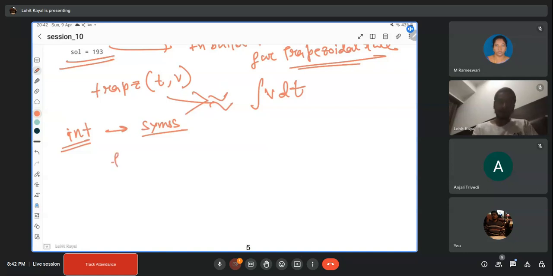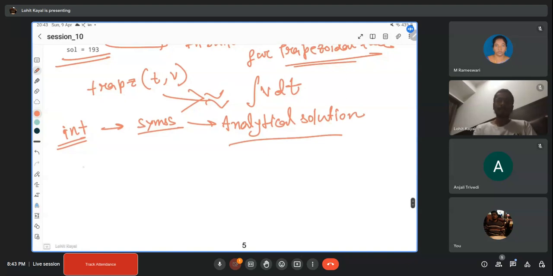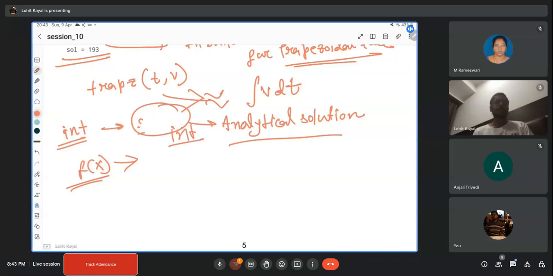But there are infinitely many functions which cannot be solved analytically. Int gives you the analytical solution, but if you have a complicated function, int will not work. So what can you do there?